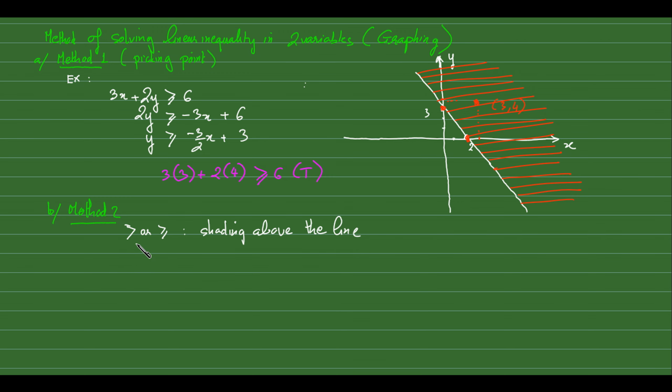If it is less than or less than or equal, then we shade below the line. Because this is greater than or equal, I'm gonna shade everything above the line.